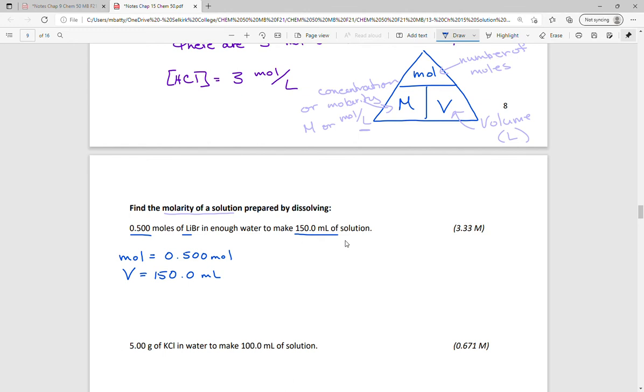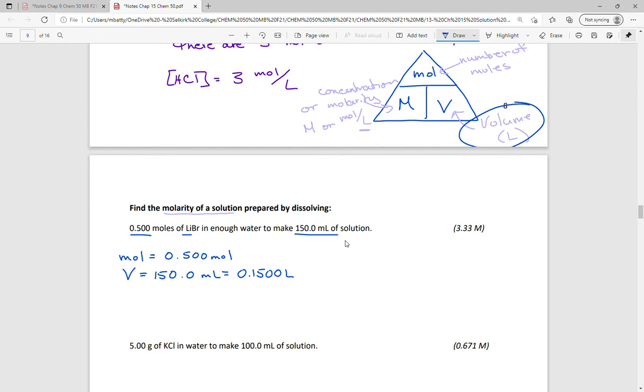I like kind of gathering up my information. I don't have this in the right units. Remember, I said volume was in liters. And so I would have to convert this from milliliters into liters. I would slide the decimal place 3. I would divide by 1,000. However your brain allows you to do that. I would have my volume in liters like that.